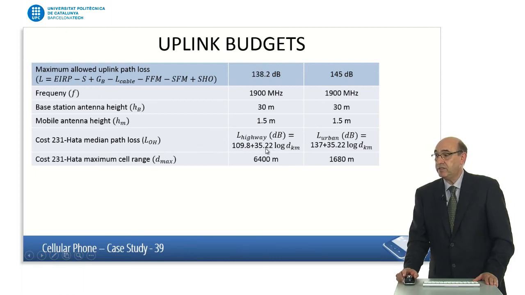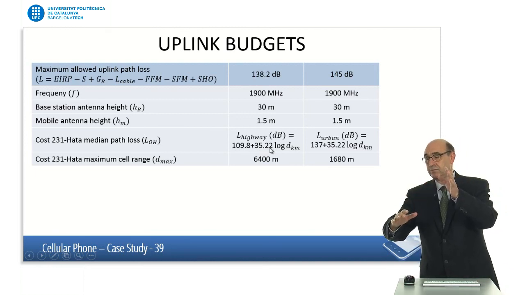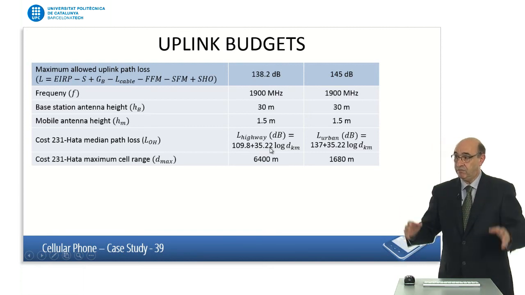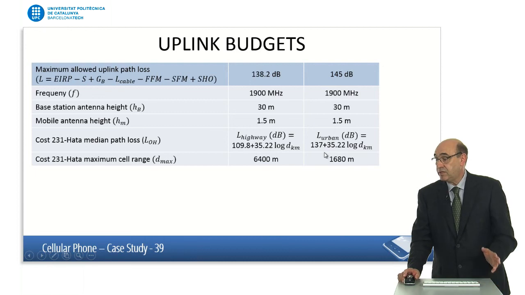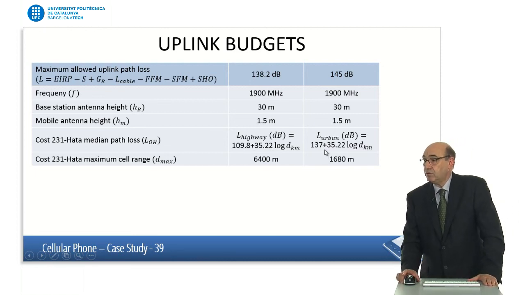Look, this is larger than 20. That means that the signal decays at a faster rate than it does in free space because of the environment. And for the urban case, look here, we have just this number which is much larger than this. So in this case, it makes things different for us.